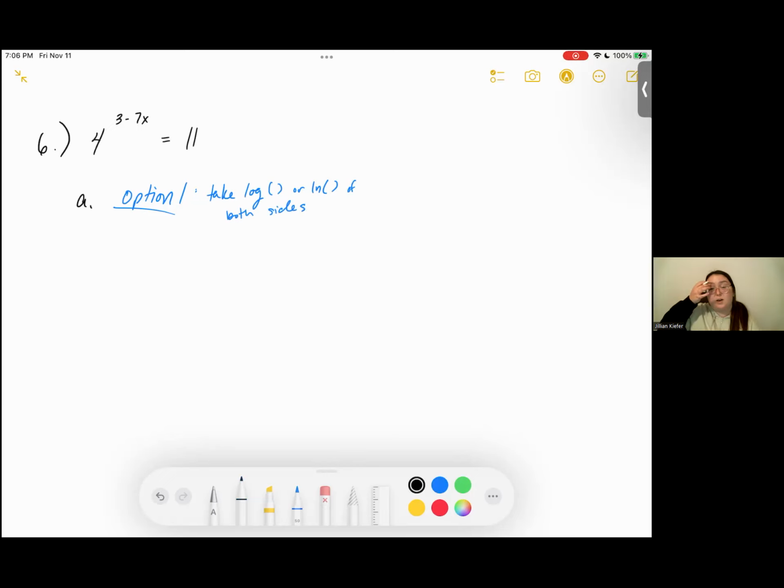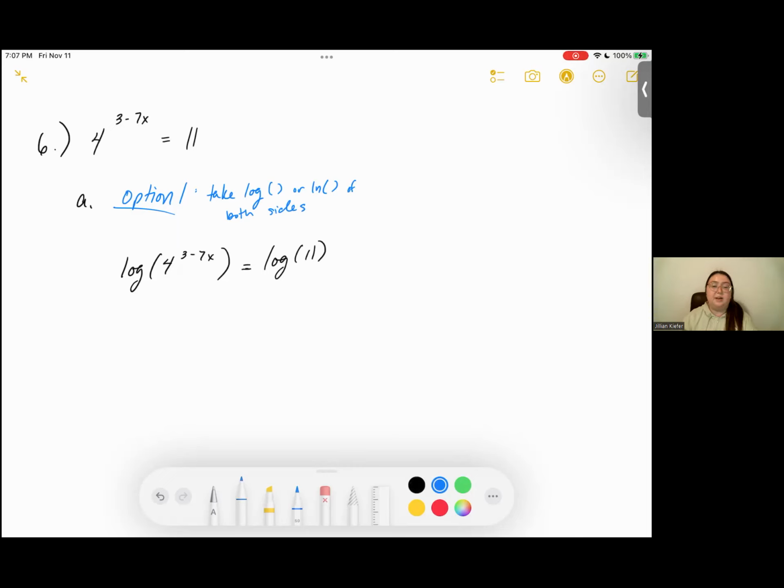I typically like to use the common logarithm, although the natural logarithm works the exact same way. So if we use the natural logarithm, we could take the logarithm of both sides. We have log of 4 to the power of 3 minus 7x is equal to log of 11.